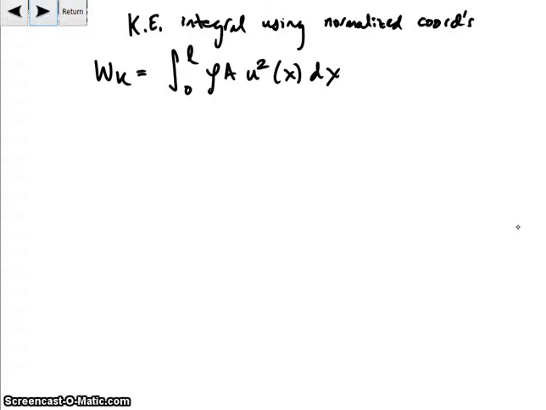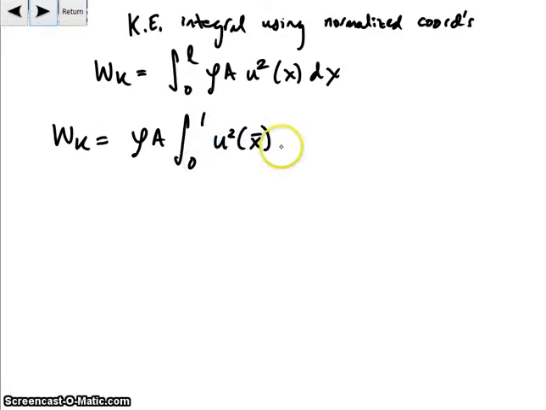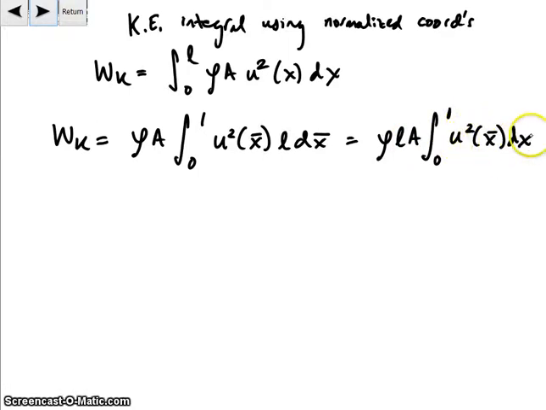When we insert the normalized coordinates, WK is equal to rho A times the integral from 0 to 1 of u dot squared of x bar times L dx bar, because when we change from dx to dx bar, we get this extra factor of L. So we end up with rho L A times the integral from 0 to 1 of u dot squared of x bar dx bar.